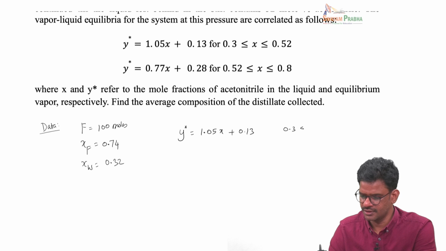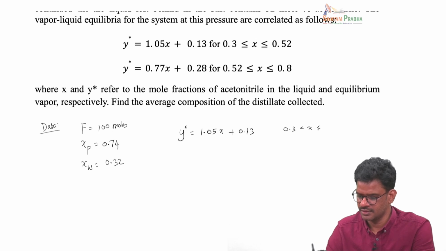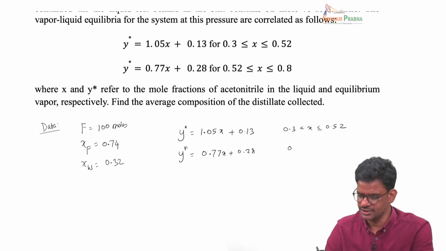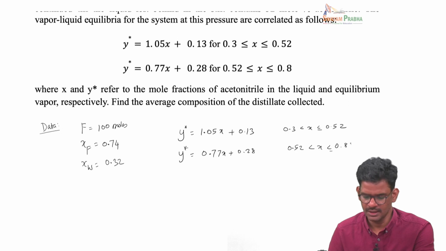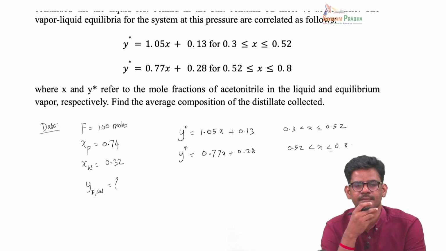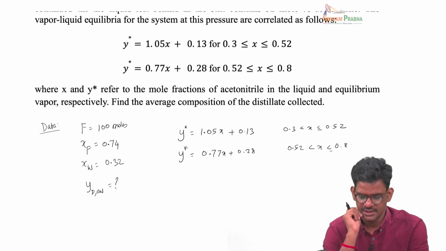This is for composition from 0.3 to 0.52, and another equation for composition in the range of 0.52 to 0.8. And we are asked to find the average distillate composition.